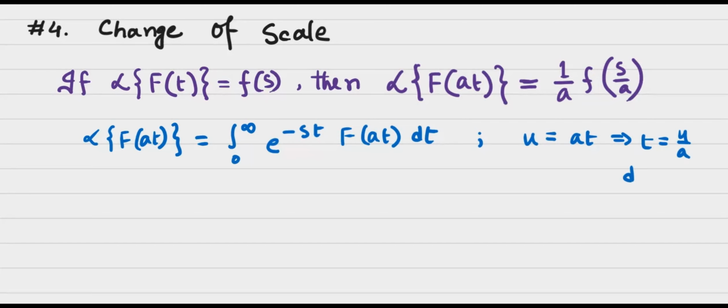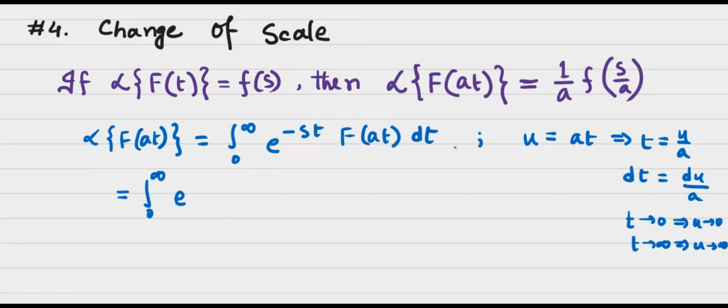If I take dt, that would be du over a. If we substitute these things in here, what we get is, well, as t gets to 0, u also gets to 0, and as t gets to infinity, u also gets to infinity. So the limits remain the same, so we still have 0 to infinity.